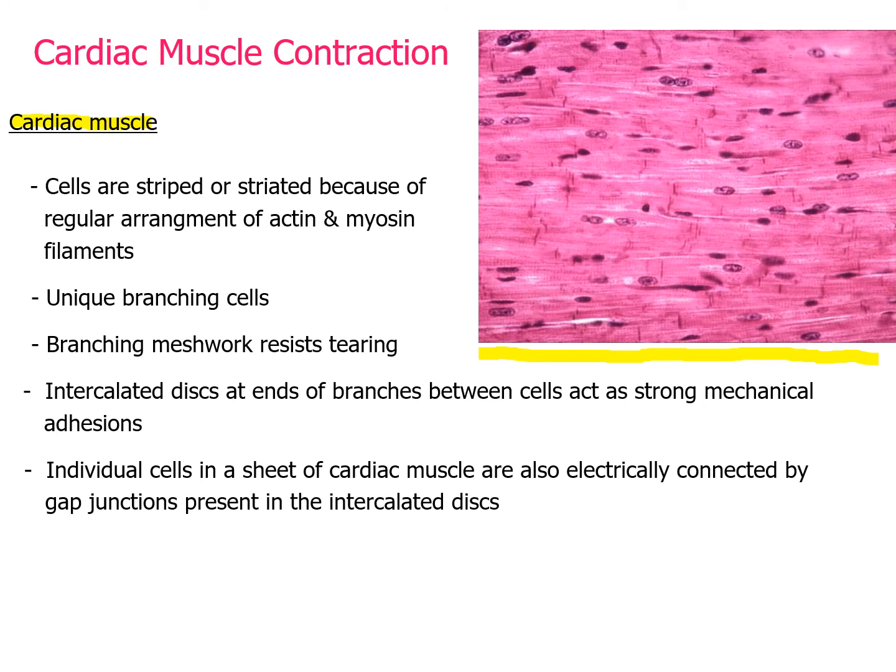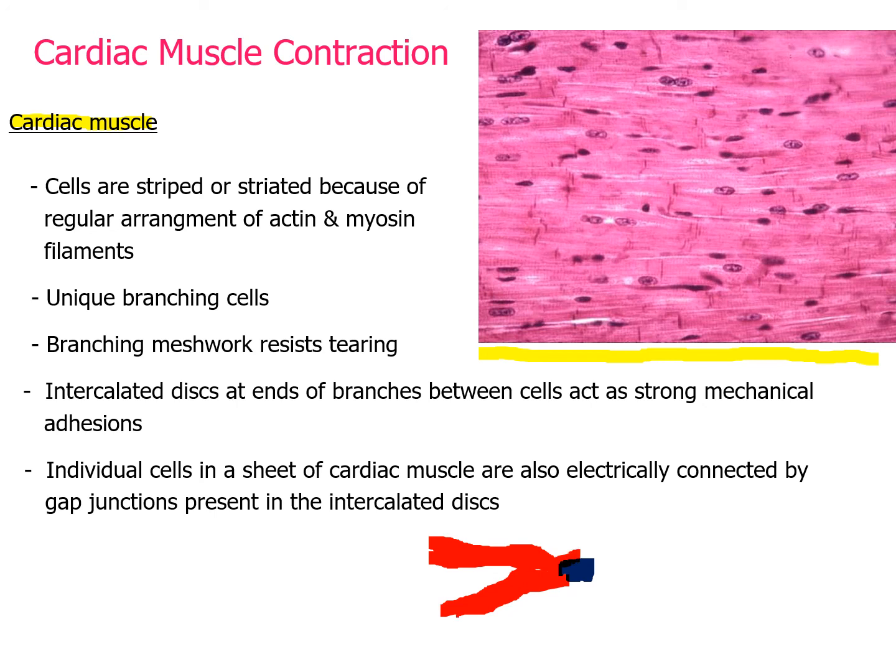They are branching cells. If you have a cardiac muscle cell, let's say that's the nucleus, then the cell will be stretched out, with multiple branches stretching away from the cell.